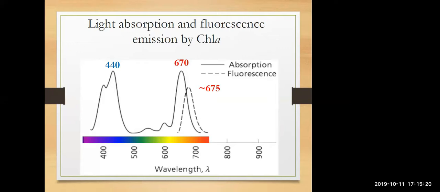Chlorophyll also has the characteristic of fluorescence emission. Fluorescence emission is around 675 nanometers, in the red part of the electromagnetic spectrum. These characteristics are used for the determination of the concentration of chlorophyll in water samples.